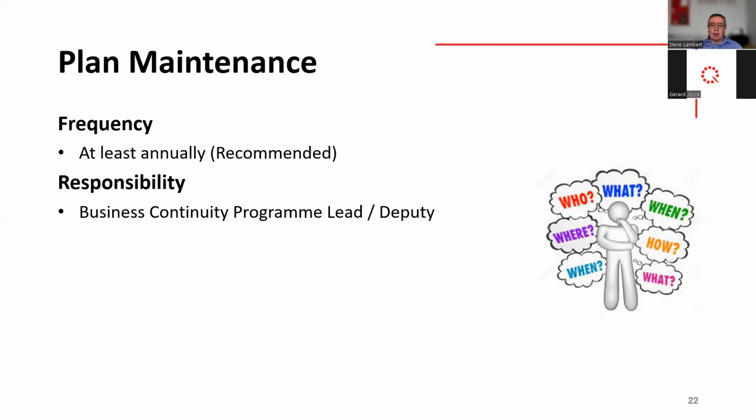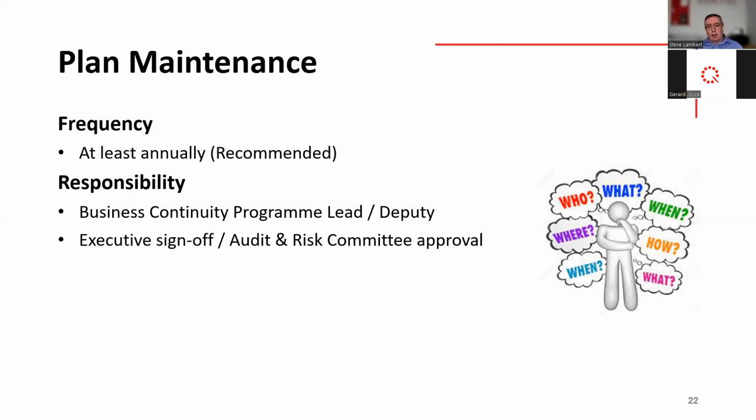In terms of responsibility for business continuity, I would say that you need to appoint a lead for business continuity, but get executive sign-off from not only the executive, but potentially also the audit and risk committee, and make sure that they're aware of where business continuity is up to in the organisation, because it is within the board members' handbook that they have a partial responsibility for business continuity as well.